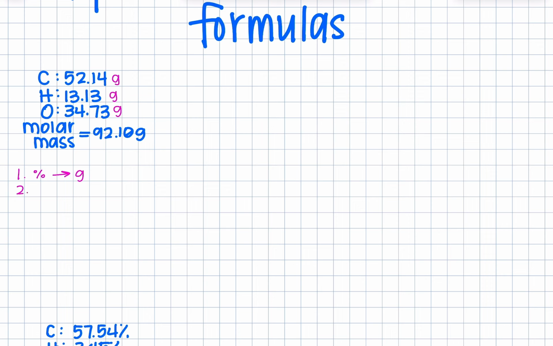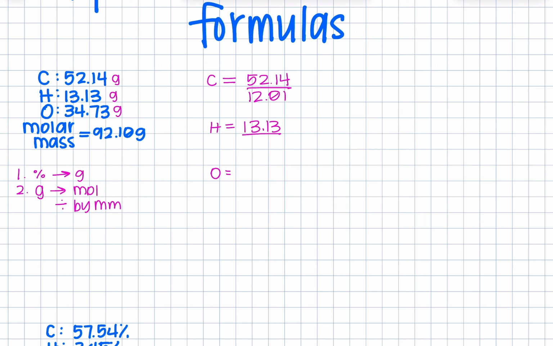The next thing you're going to do is go from grams to moles, so you're going to divide each by its molar mass. I have carbon, hydrogen, and oxygen, so I'm going to do that 3 times. For carbon, 52.14 divided by its molar mass of 12.01.